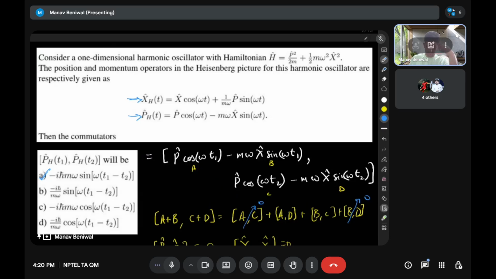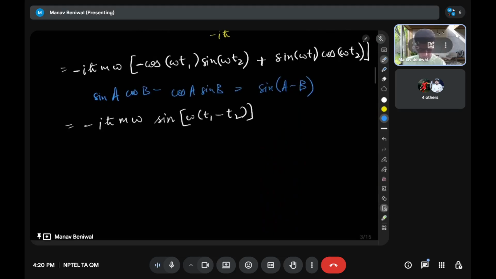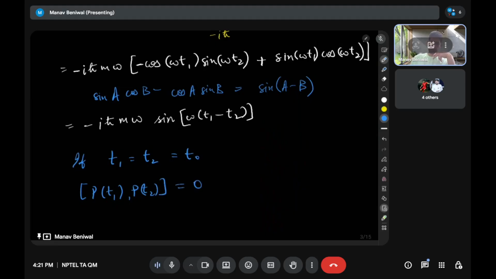Let's do a special case: if t1 and t2 are the same, at the exact same time, say some time t0, then this commutator of p(t1), p(t2) will go to 0, as it should, because sine 0 is 0. Why? Because the momentum operator will commute with itself.